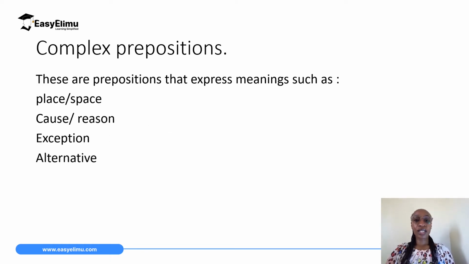So now that we have that understanding of simple prepositions, let us now proceed to complex prepositions. And complex prepositions express different meanings. For example, place, cause, exception, and alternative. So we are going to look at these four and see what I mean.